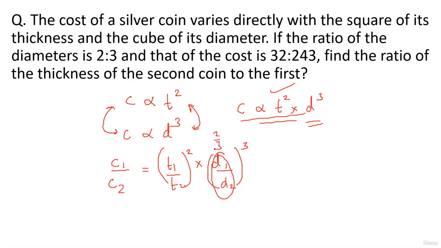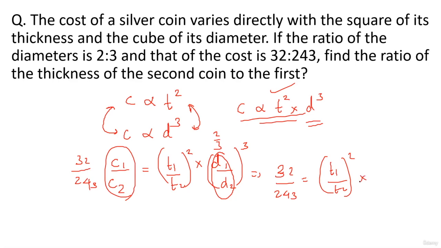The ratio of costs is 32 is to 243. We can find the ratio of the thicknesses, right? So substituting these values, the ratio of costs 32 by 243 is equal to T1 upon T2, the whole squared, into the ratio of diameters, 2 is to 3, cubed. 2 cubed is 8 and 3 cubed is 27.